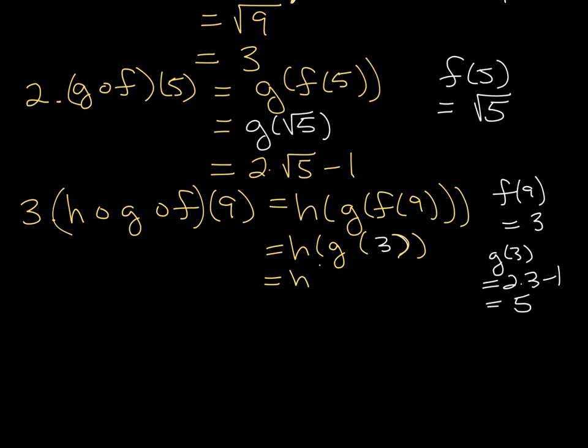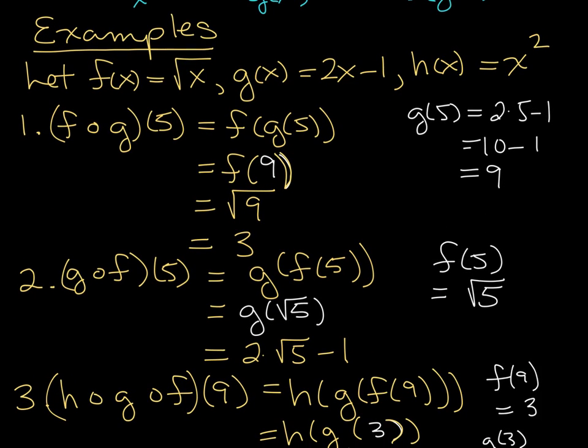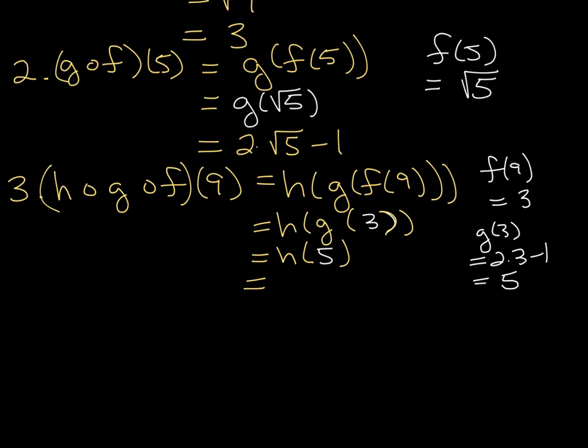So we have h of 5, and now I have to look back up here again. What was h? h was x squared. And so we get 5 squared, which is 25.